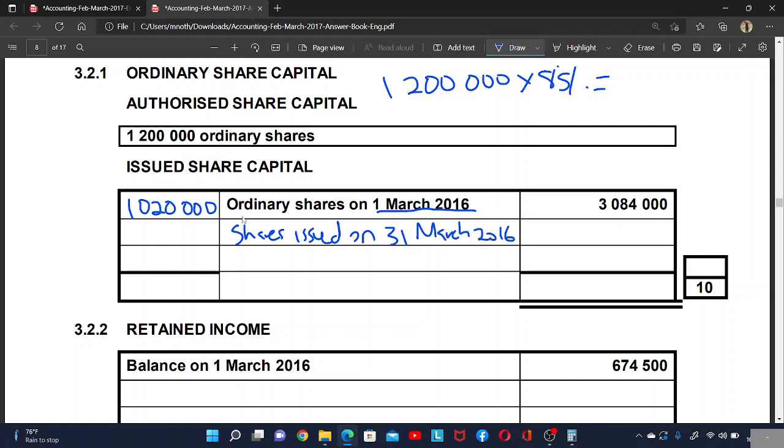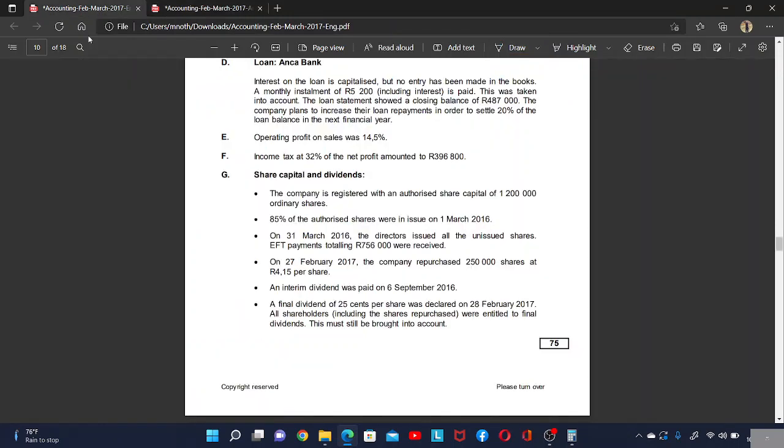So the amount is 756,000. It's here. On 31 March 2016, directors issued all the unissued shares.